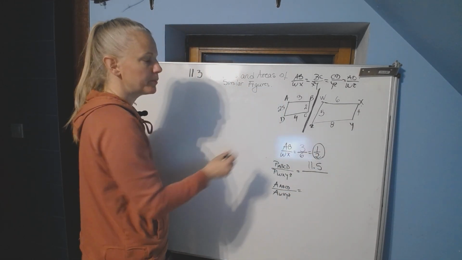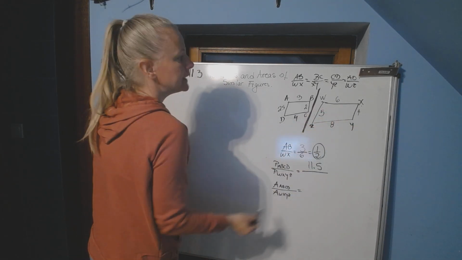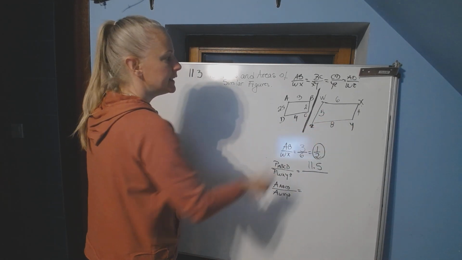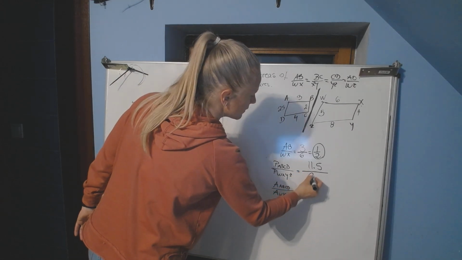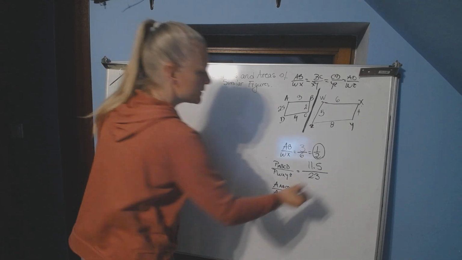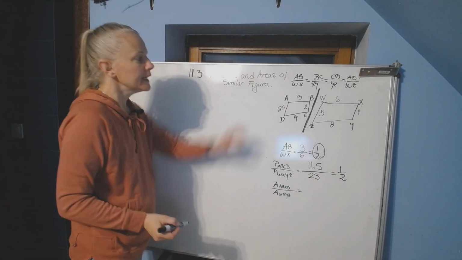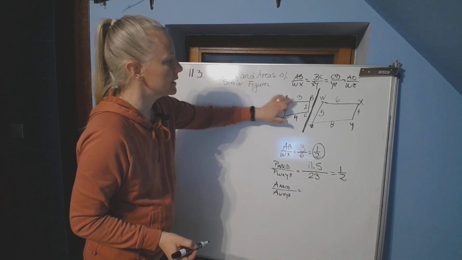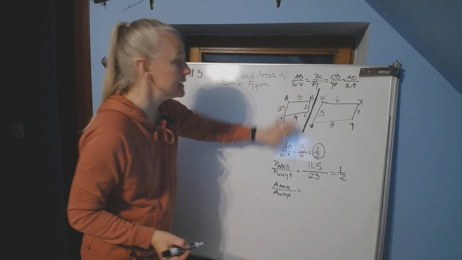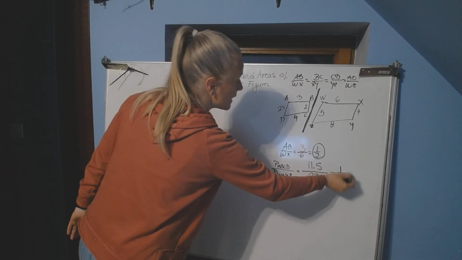Let's see what is the perimeter of the big one. Remember, perimeter, we add all the sides. 6 plus 4, 10, plus 8, 18, plus 5, 23. What do you notice? 11.5 is half of 23. We can reduce this to 1/2. This is why for perimeter, if you have the similarity ratio of the sides, then automatically that moves to perimeter. It's going to be the same way.